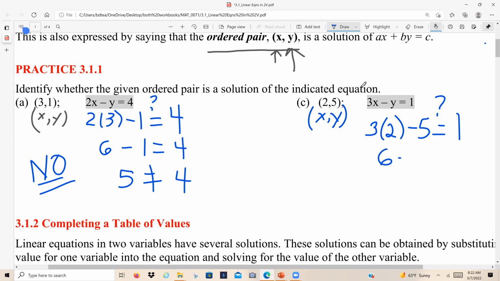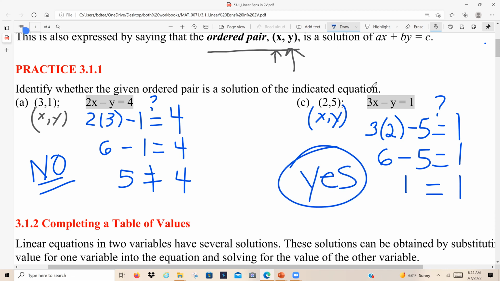So we have 6 minus 5 equals 1, and 1 does equal 1. So that means 2, 5 is a solution to the equation 3x minus y equals 1.